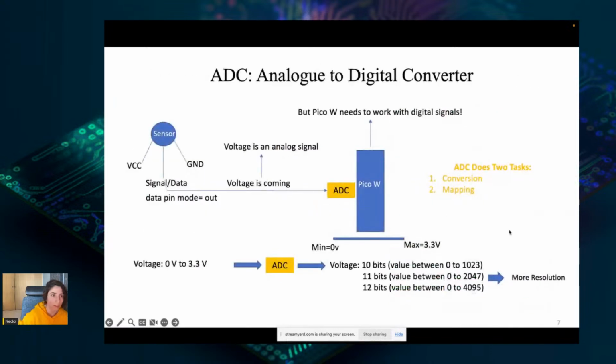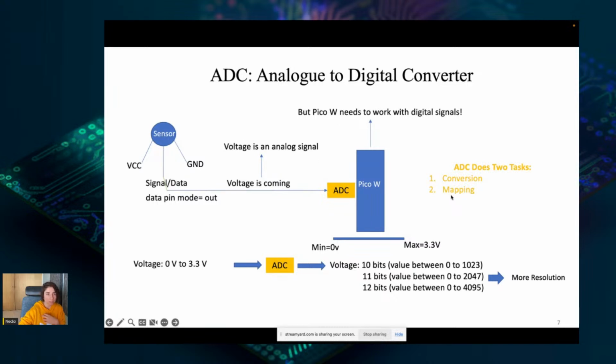In this case, we need an ADC, analog to digital converter, that converts this analog voltage to digital, which enables Pico W to work with this kind of signal. So one of the tasks of ADC is conversion, which converts the analog signal to the digital signal.